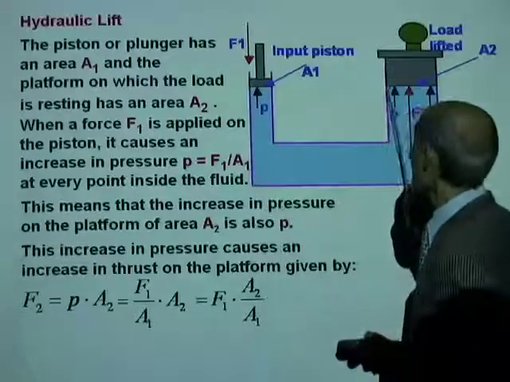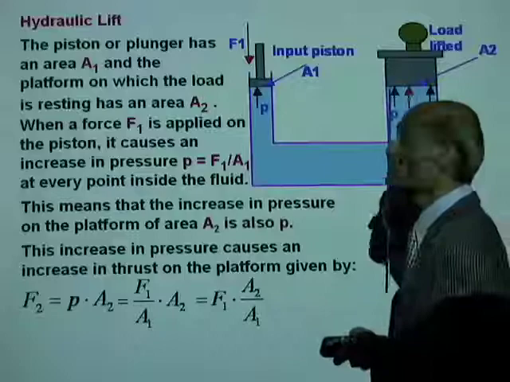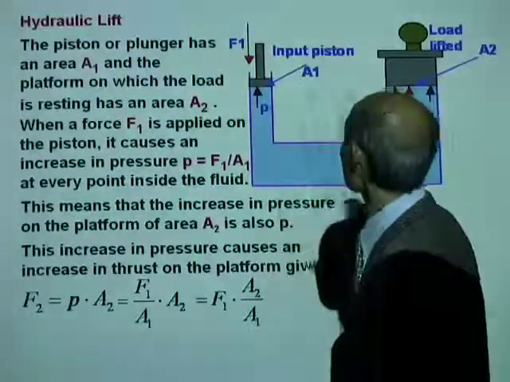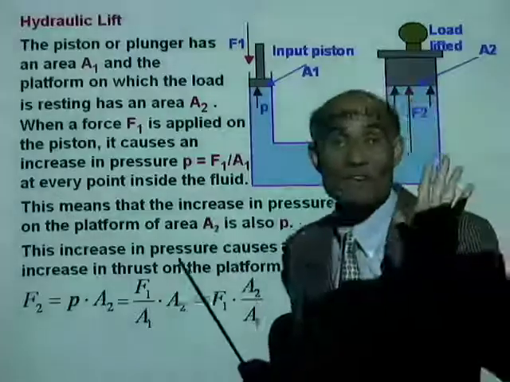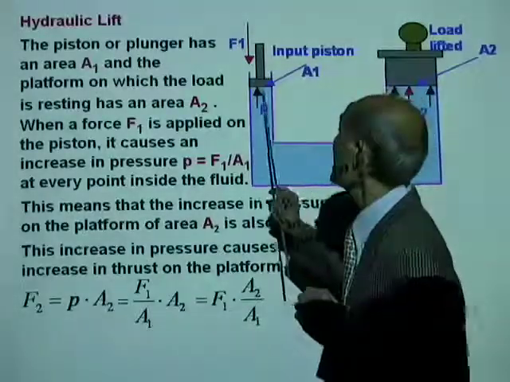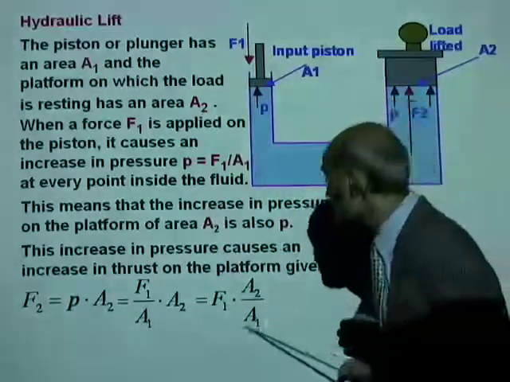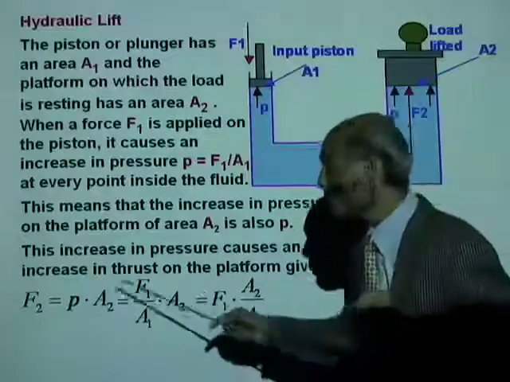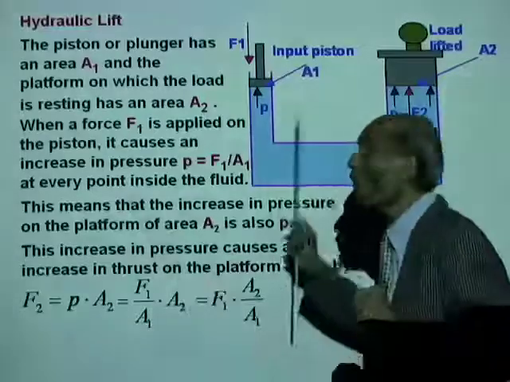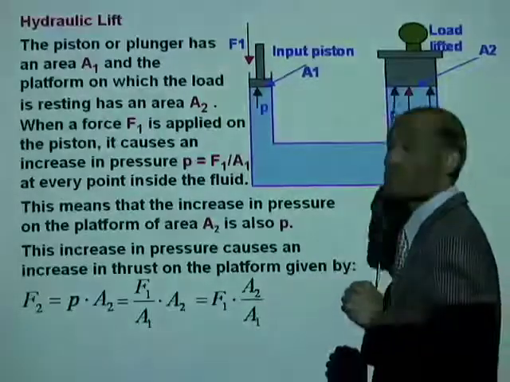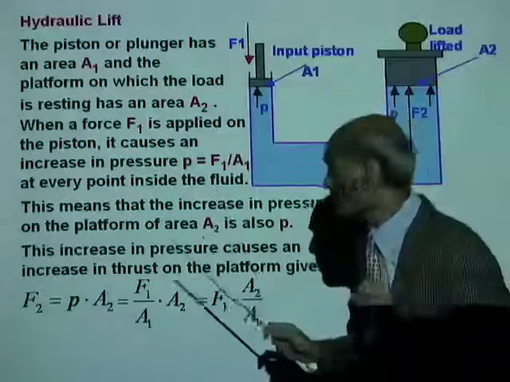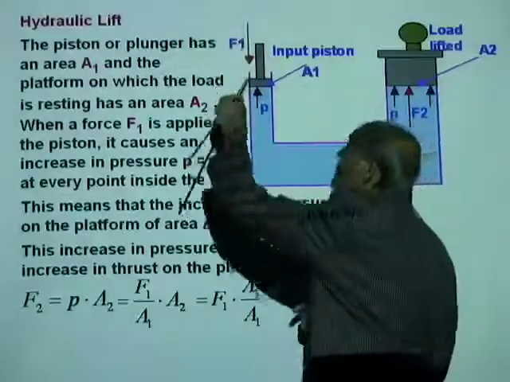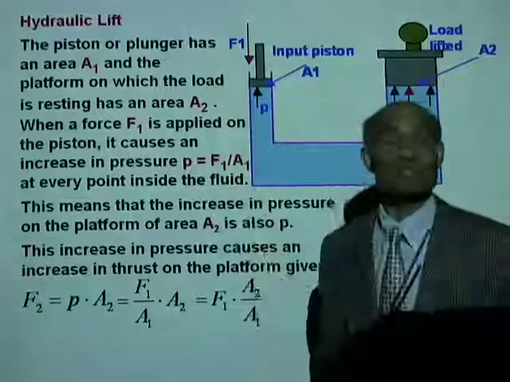You know by looking at it, A2 is much greater than A1. Suppose the area A2 is 5 times the area A1. Then A2 by A1 will be 5. Therefore, the increase in force, the increase in thrust at the platform will be 5 times the force you applied on the plunger.